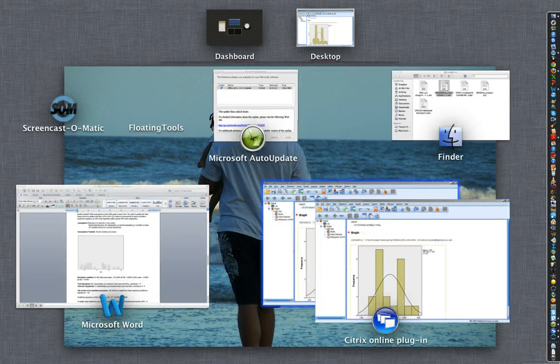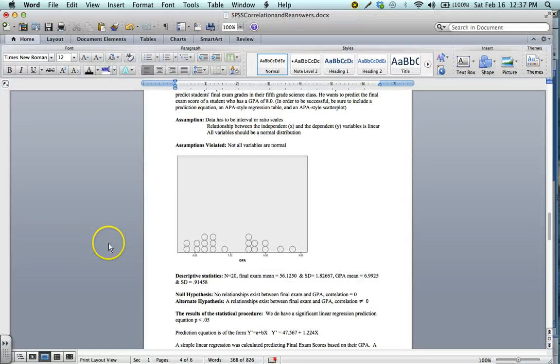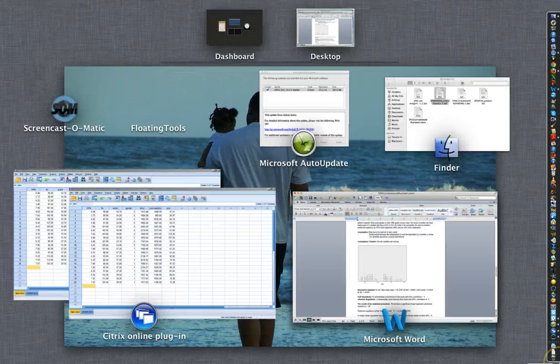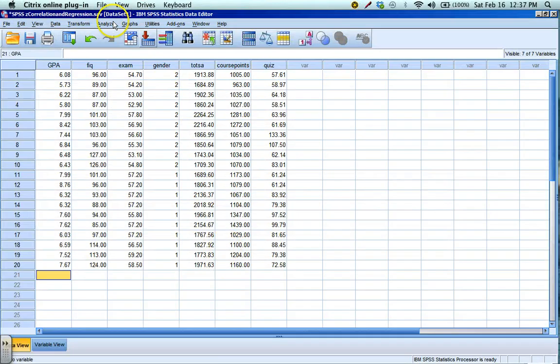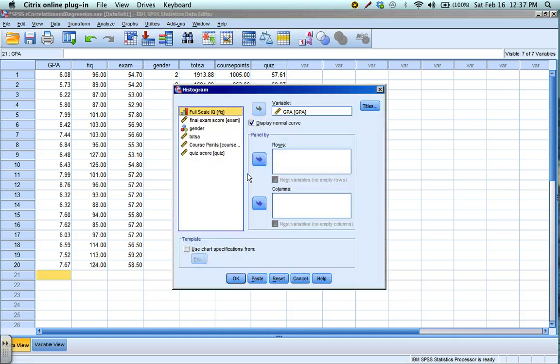All right, let's look at the other side here. We want to see if we can predict their final exam score. Let me go back and check. We wanted to predict the final exam score. So let's look at the final exam here. Go to graphs, go down to histogram, take that one out, and look at the final exam score, and hit OK.